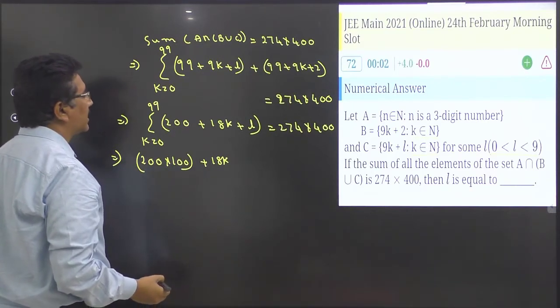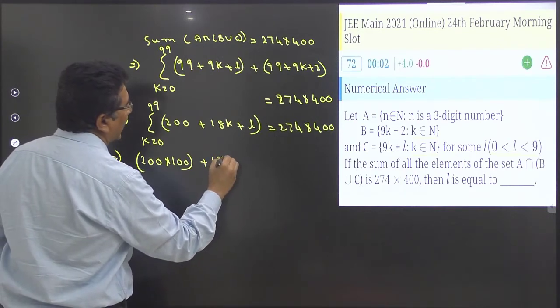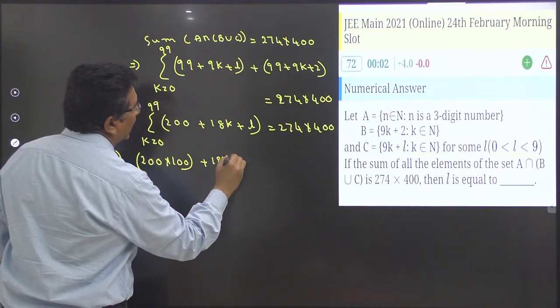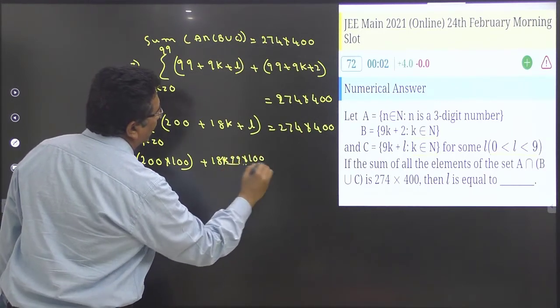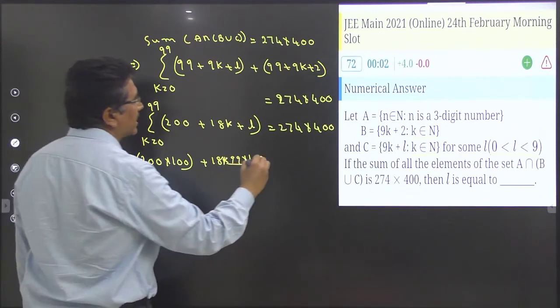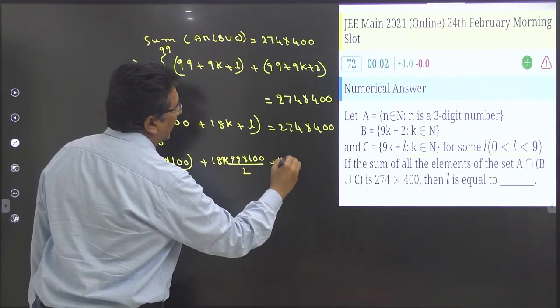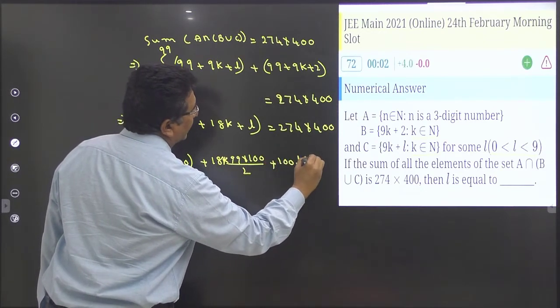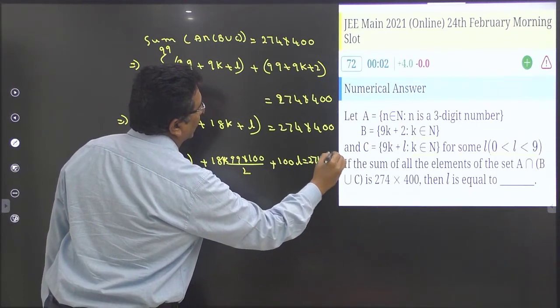So 1 plus 2 plus 3 plus and so on up to 99, 18 into 99 into 100 by 2, 99 into 100 by 2 plus 100 L, that is equal to 274 into 400.